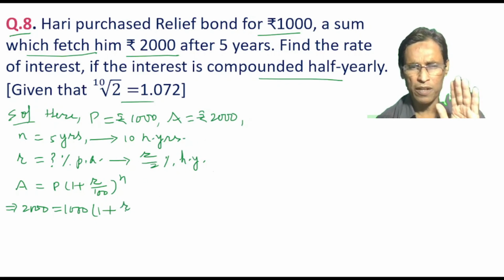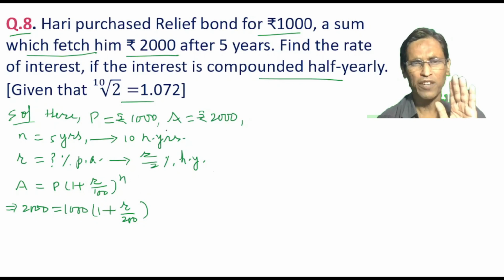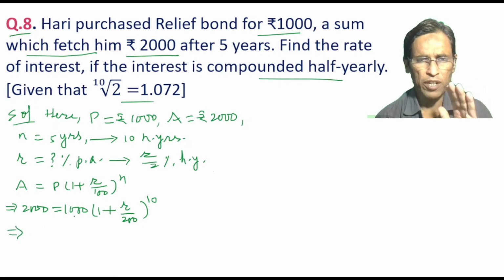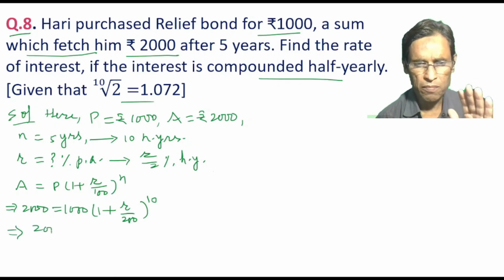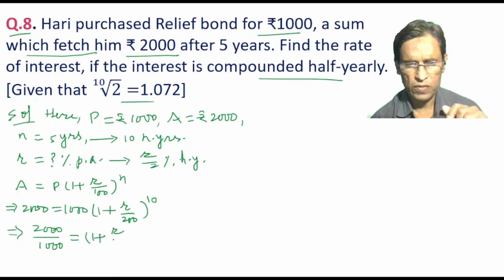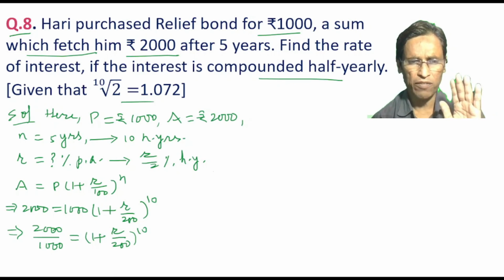So it will be R by 200, and power n will be replaced by 10 half years. So it is 10. In the next step we take 1000 from right side to left side, and then we get 2000 by 1000 equal to 1 plus R by 200 to the power 10. 2000 is divisible by 1000 in 2 times, so we divide it.